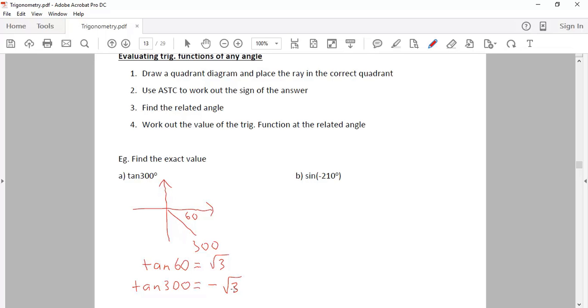Alright, so next one, sine negative 210. Remember 0 degrees starts there, so we're going to go around in a clockwise direction now. So it'll be 90, 180, and 270 there, so it'll be roughly here. If that's 180, it's going to be 30 degrees in between them.